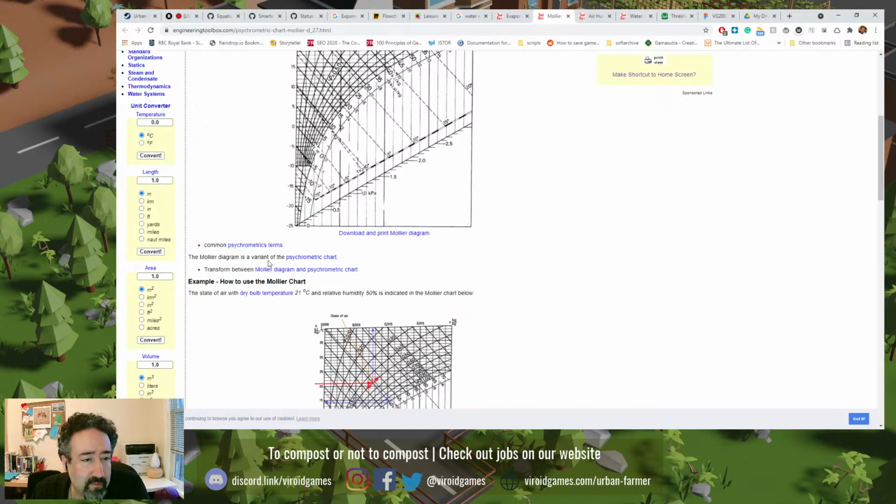The Mollier diagram is a variant of the psychrometric chart.